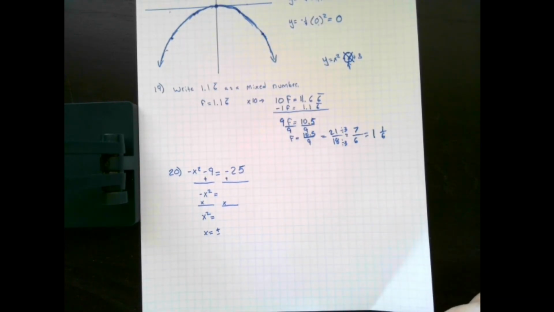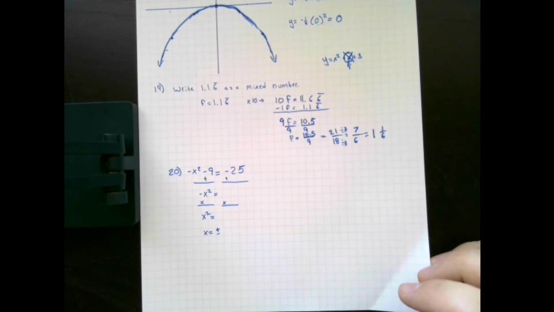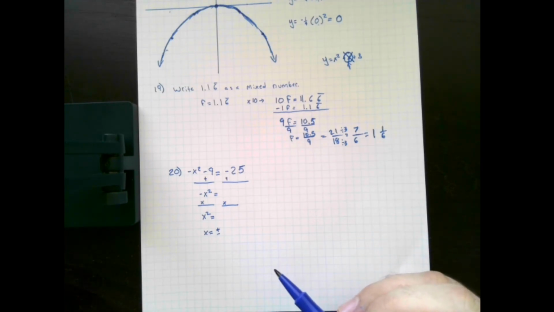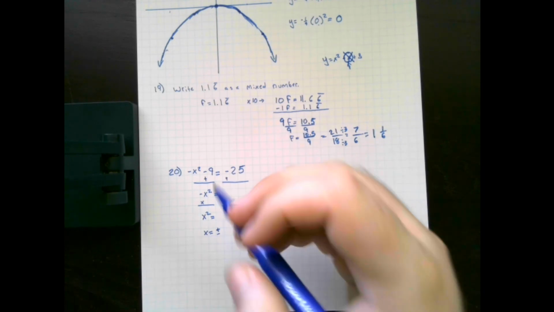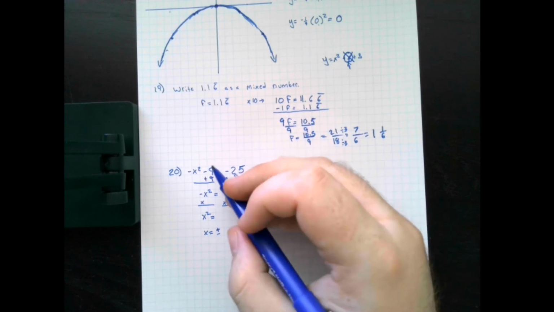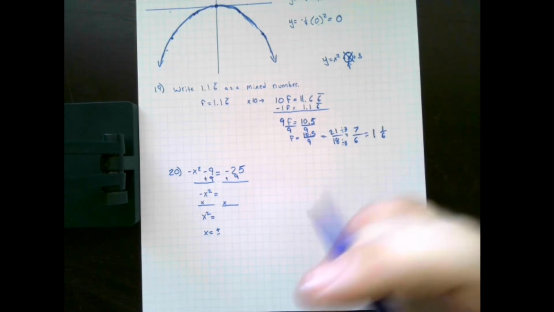Now, for our last starred problem, question 20, we're going to have x squared minus 9 equals negative 25. The first thing you should do is add 9 to both sides. If you add 9 to the left-hand side, you just get x squared.